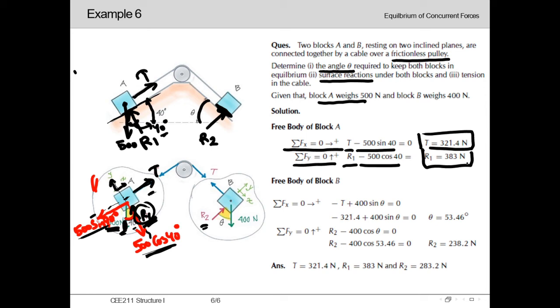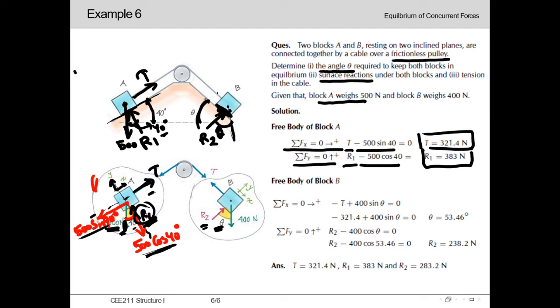Now let's draw the free body diagram of block B. Here we can see that the angle is theta, so the angle of R2 with the vertical axis will also be theta, so we have denoted it with theta.